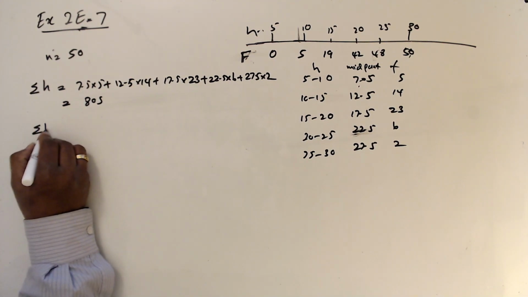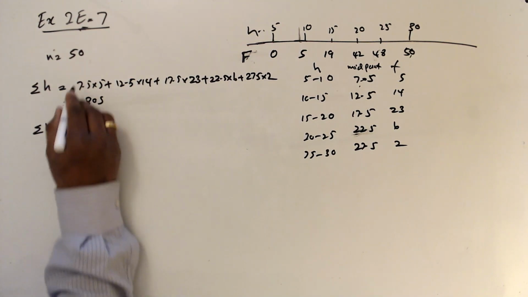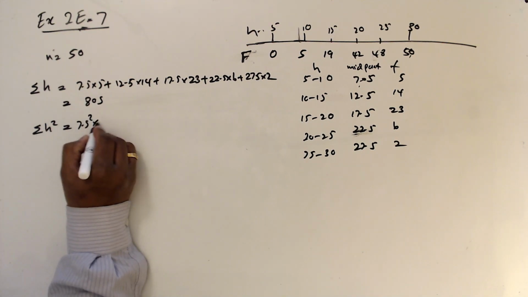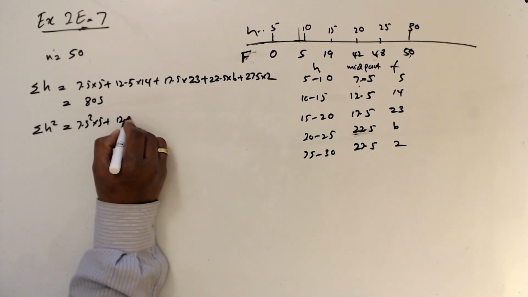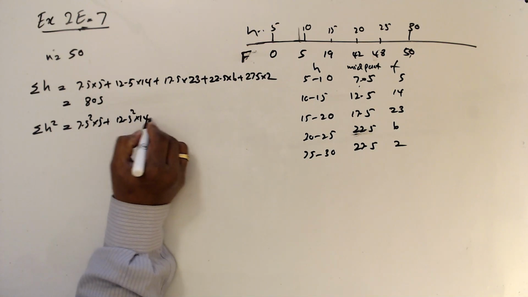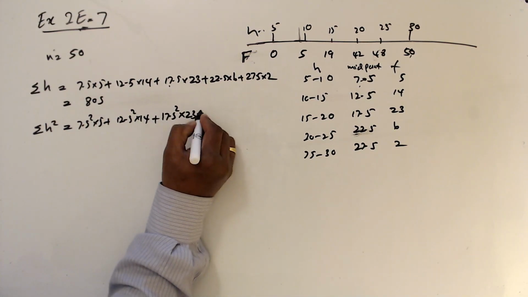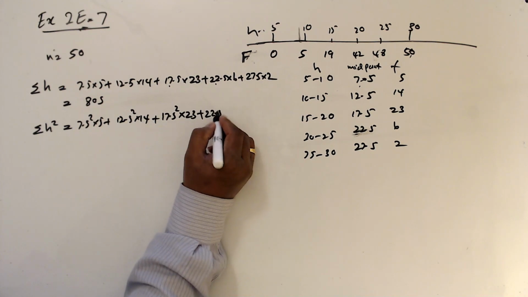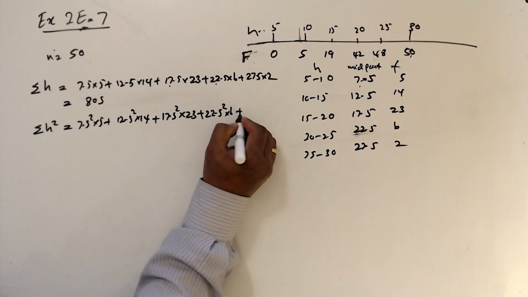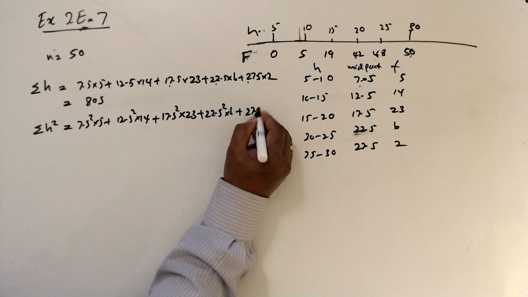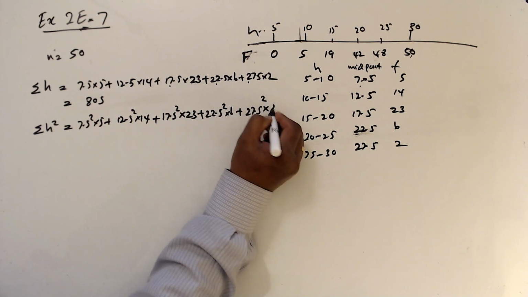So summation H square is 7.5 square times 5, 12.5 square times 14, and 17.5 square times 23, and 22.5 square times 6, plus 27.5 square times 2.